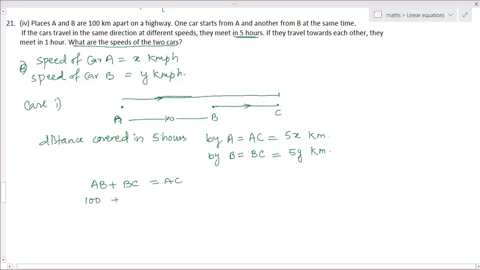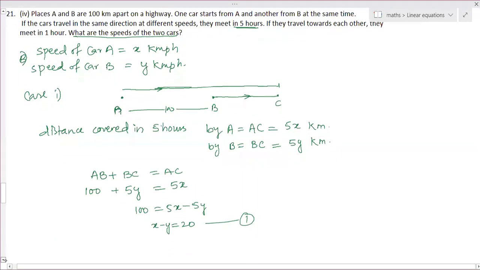BC is 5y. And what is AC distance? 5x. So take 5y on that side. So 100 is equal to 5x minus 5y. Divide everything by 5. You get x minus y is equal to 20. So this is the first equation.